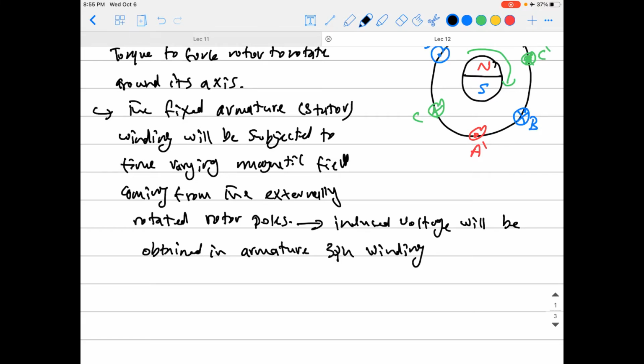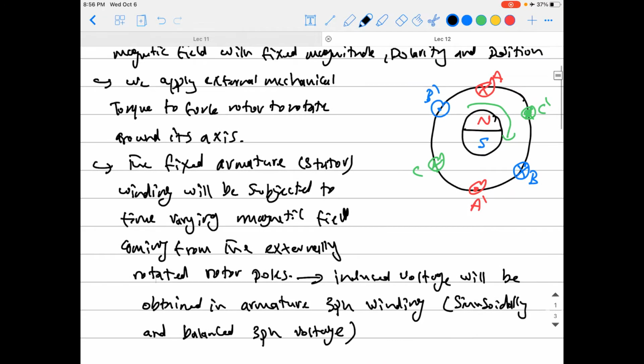Like we said, it is sinusoidal and balanced three-phase voltage. Because they are three-phase windings, they all have the same number of turns and other parameters, so they are identical three-phase windings separated in space by 120 degrees each.